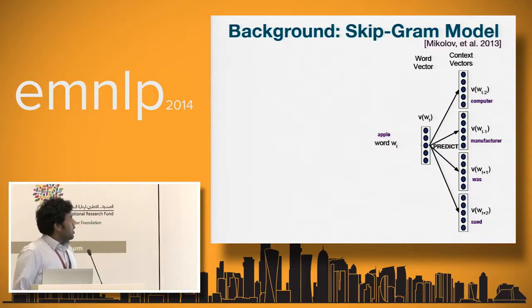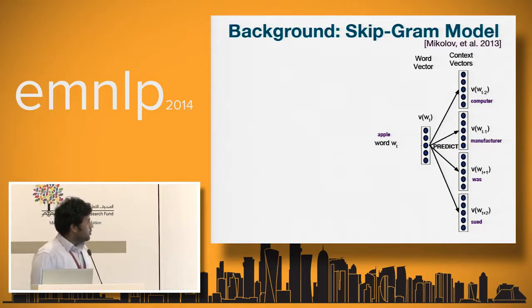I'm going to start by describing the skipgram model, which is useful background for our work. For every word token, you collect a set of context words. Here I've picked 2 words to the left and 2 words to the right of the word apple. The sentence could be something like, computer manufacturer Apple was sued, and so on.